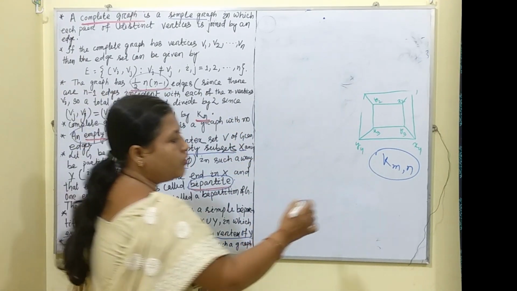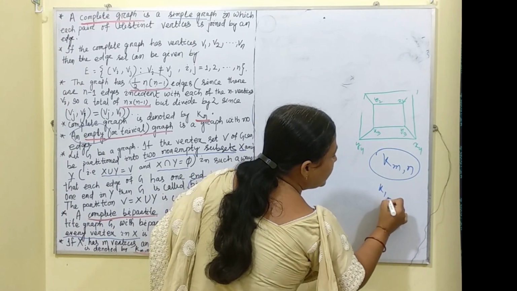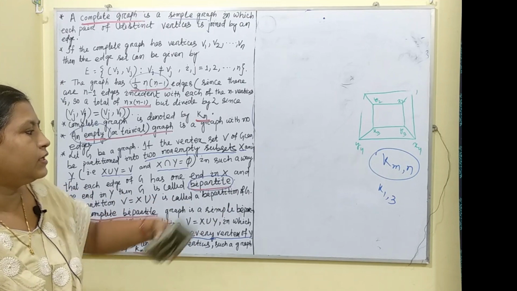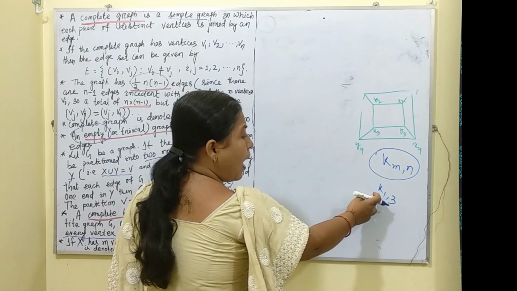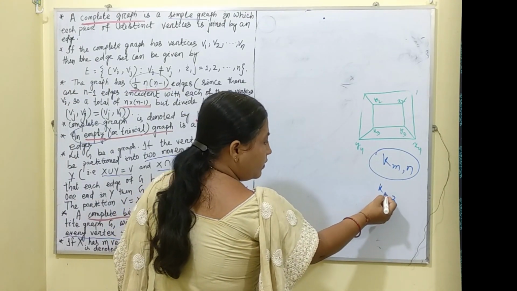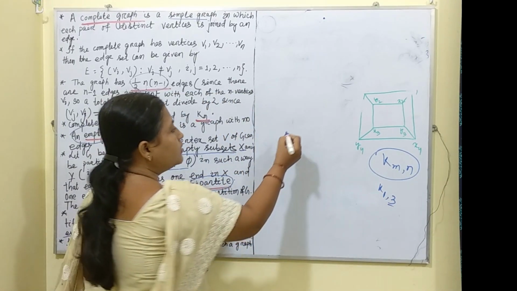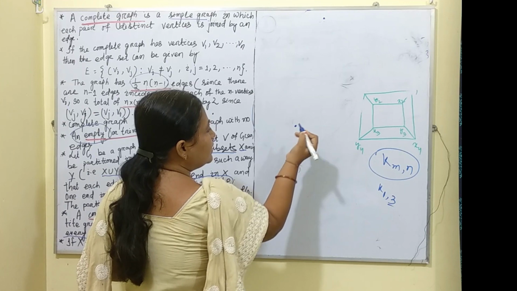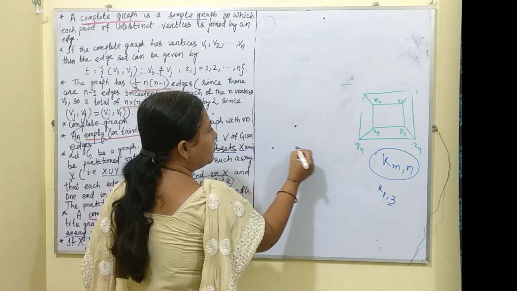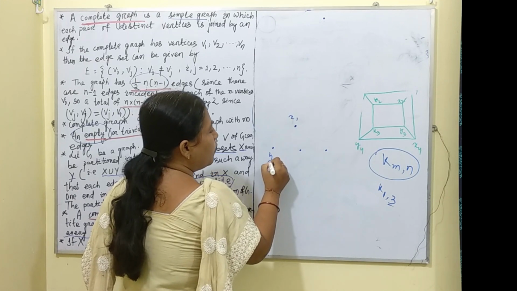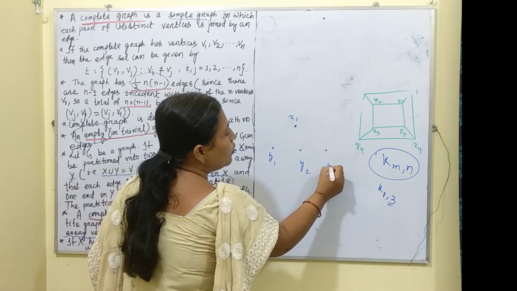Taking an example, if m equals 1 and n equals 3, it is a complete bipartite graph, and each x is joined with each y. So there is the X set and the Y set: x1, and y1, y2, y3.